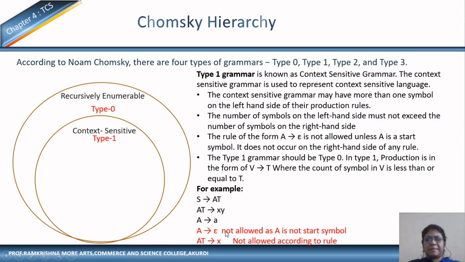So A gives epsilon is not allowed, as A is not the starting symbol in this grammar; S is the starting symbol. Last, the type 1 grammar should be of type 0. In type 1, the production is in the form V gives T, where the count of symbols in V is less than or equal to T. This is a type 1 grammar.